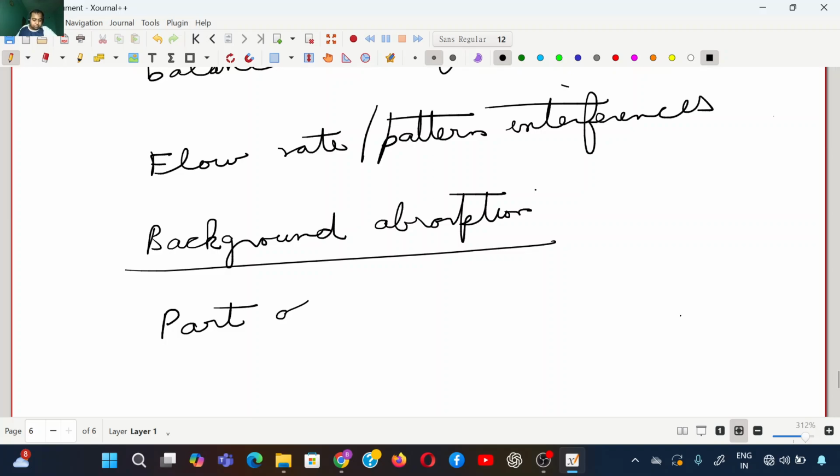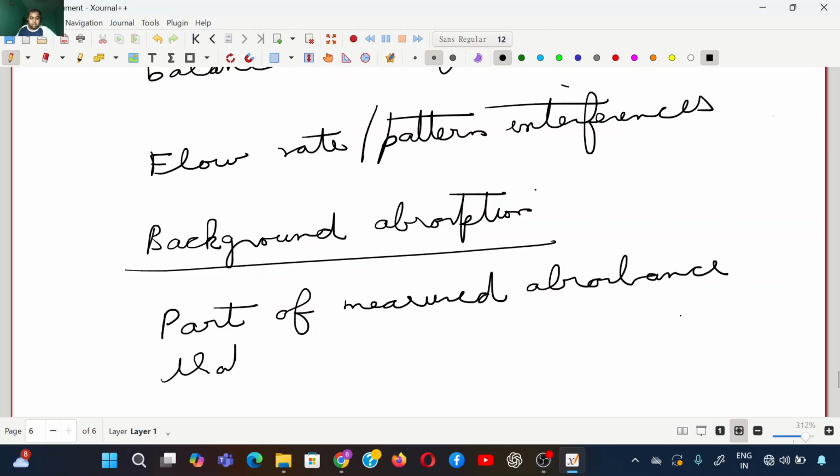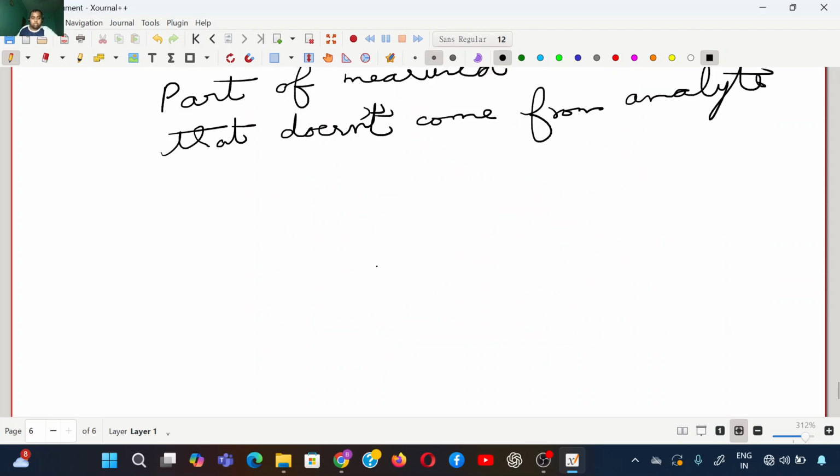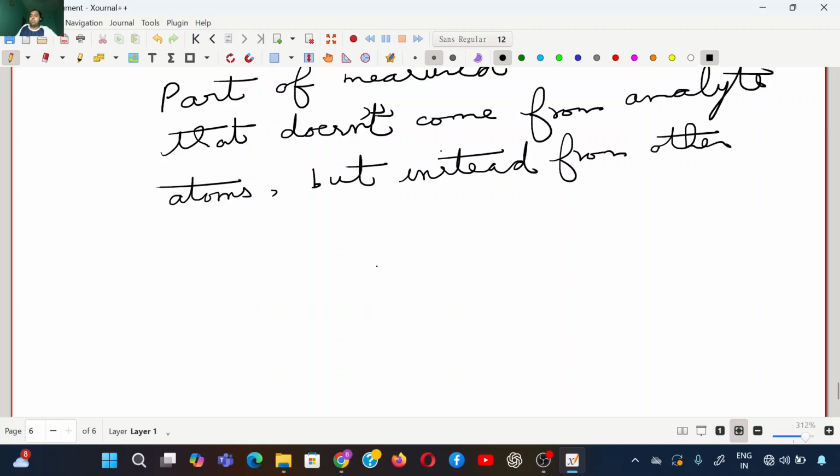So what is background absorption? Part of the measured absorbance doesn't come from neutral atoms, but instead from associated species, flame gases, solvent, or multi-species forms.